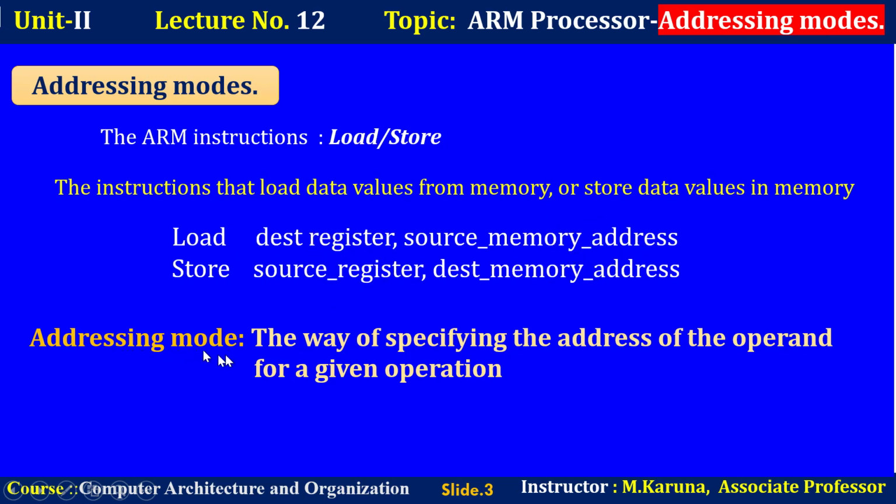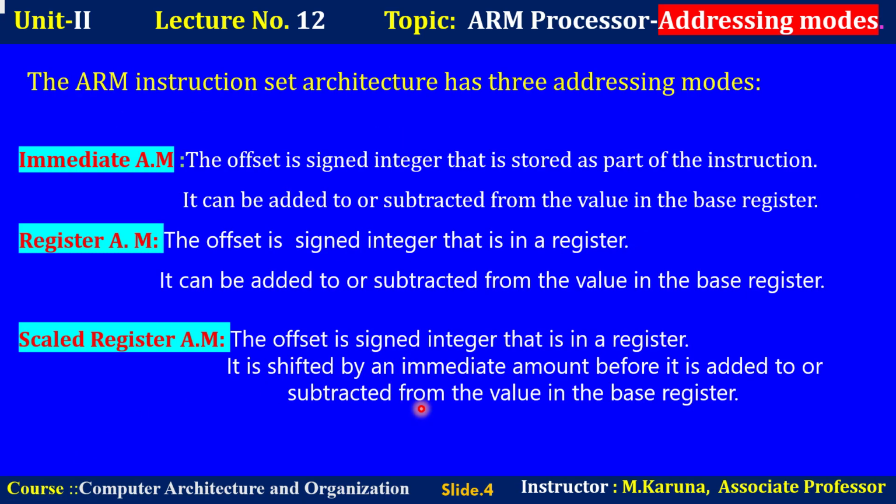Coming to the definition of addressing mode: the way of specifying the address of the operand or data for a given operation. The ARM instruction set architecture has three addressing modes: immediate addressing mode, register addressing mode, scaled register addressing mode. In immediate addressing mode, the offset is a signed integer that is stored as a part of the instruction, or we can say the offset address is available in the instruction.